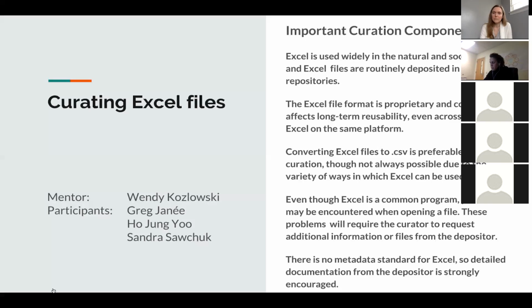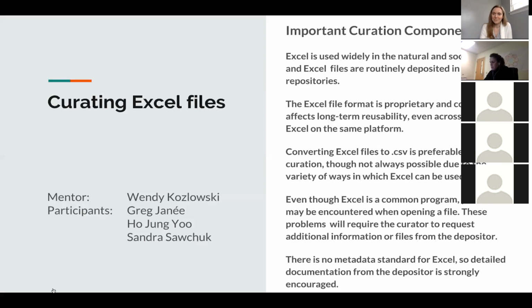Something that I learned: I always knew that Excel was strange with dates, but Excel actually stores dates as a specific serial number, and that serial number is calculated by counting, I believe, the number of days from either the year 1900 or the year 1904, which is kind of bizarre.